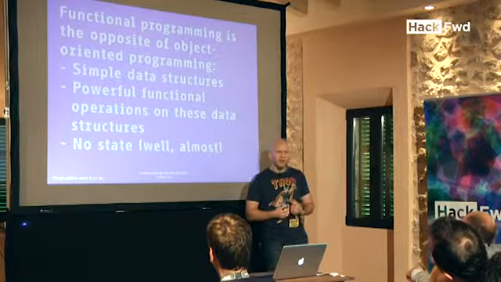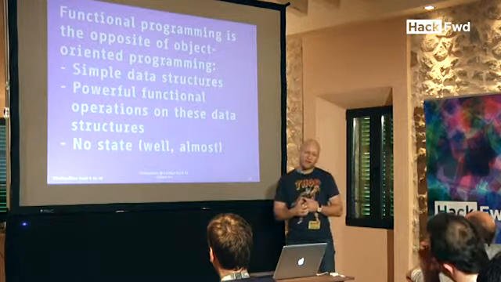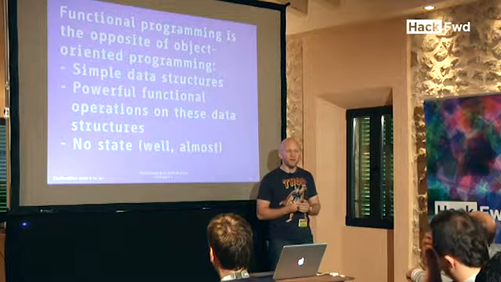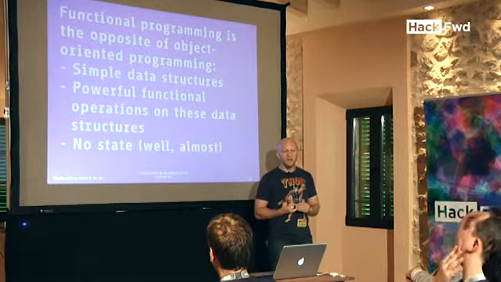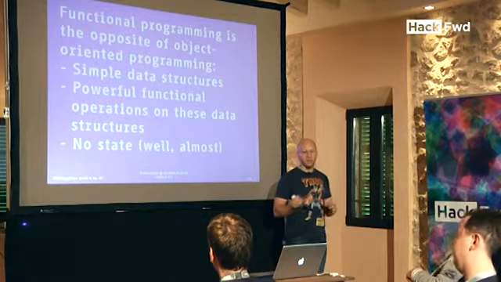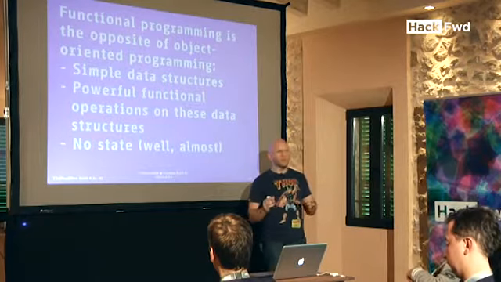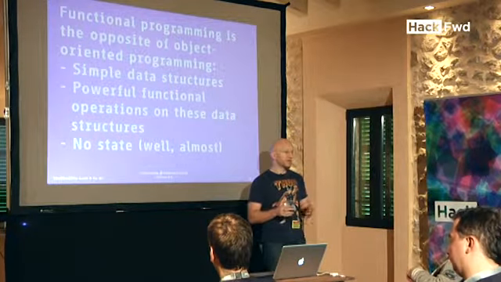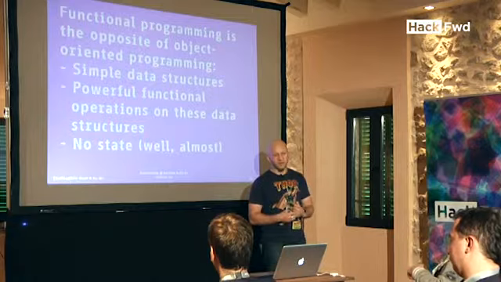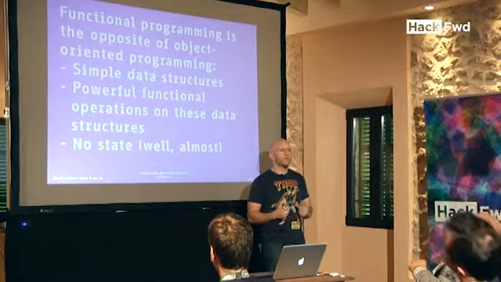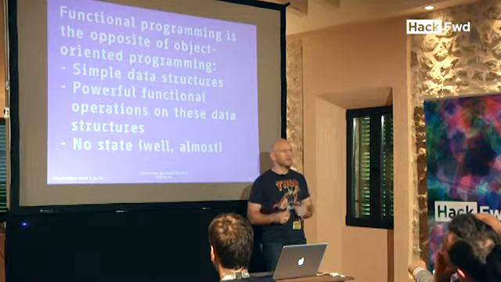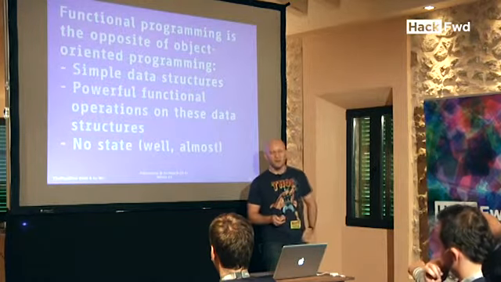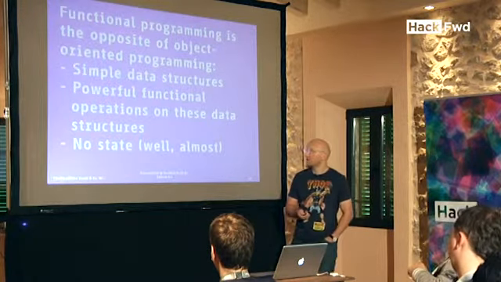And so in this case, functional programming is, from this perspective, the opposite of object-oriented programming. We have really simple data structures, but we try to write powerful functional operators that work on these data structures. And of course, we try to have no state and as little state management as we can.